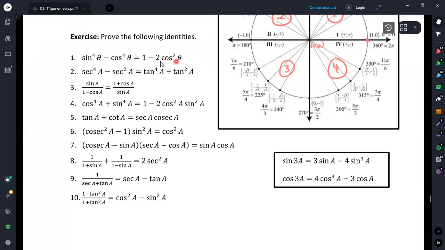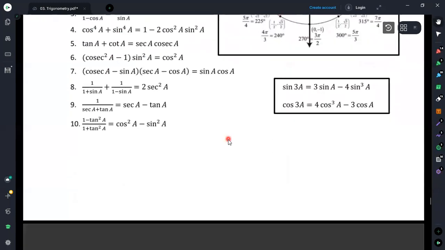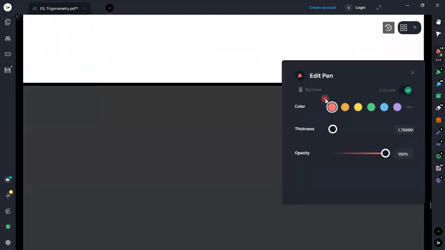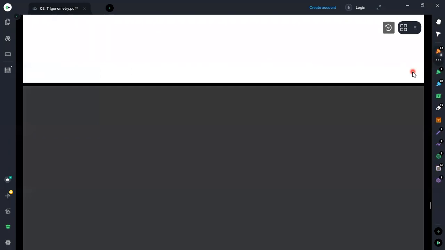Therefore, here we are going to show that this identity is true. We have to prove it. It is given as the first problem: sine theta to the power 4 minus cosine theta to the power 4, and we need to show that this is equal to 1 minus 2 times cosine square theta.